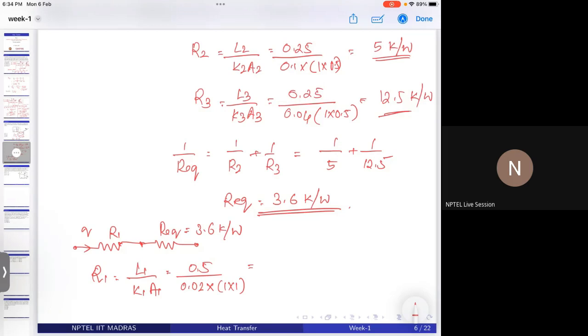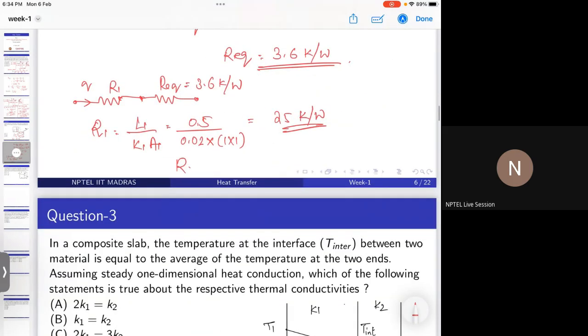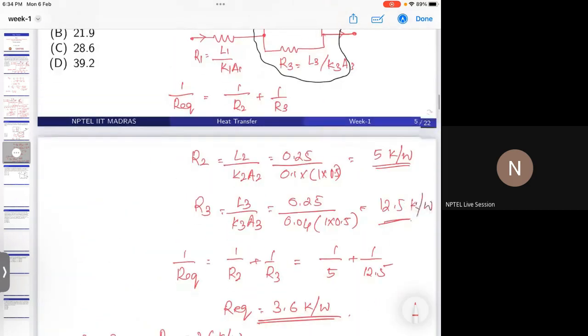This will come out to be around 25 Kelvin per watt. So the total resistance R total is equal to R1 plus R equivalent, because this is in series. So 25 plus 3.6, that is 28.6 Kelvin per watt, or you can write degree Celsius per watt.